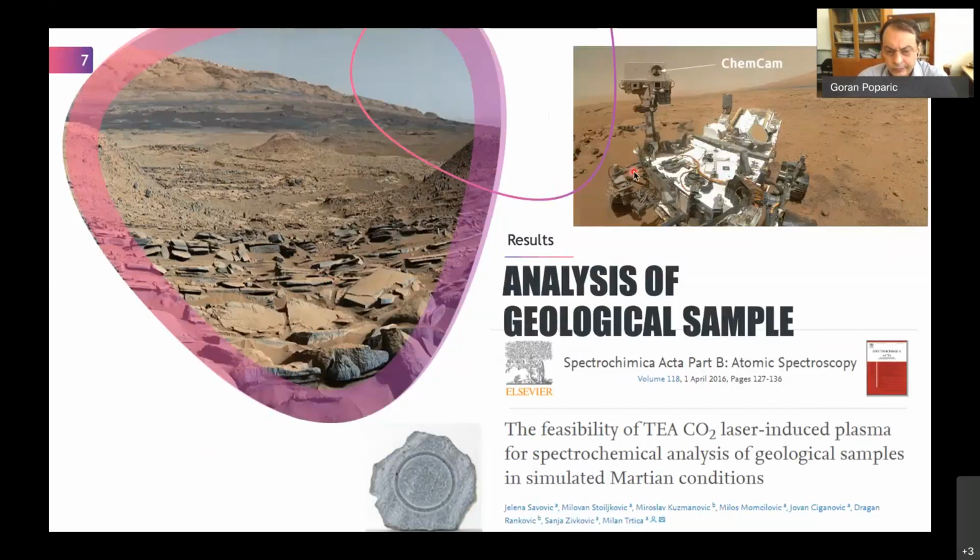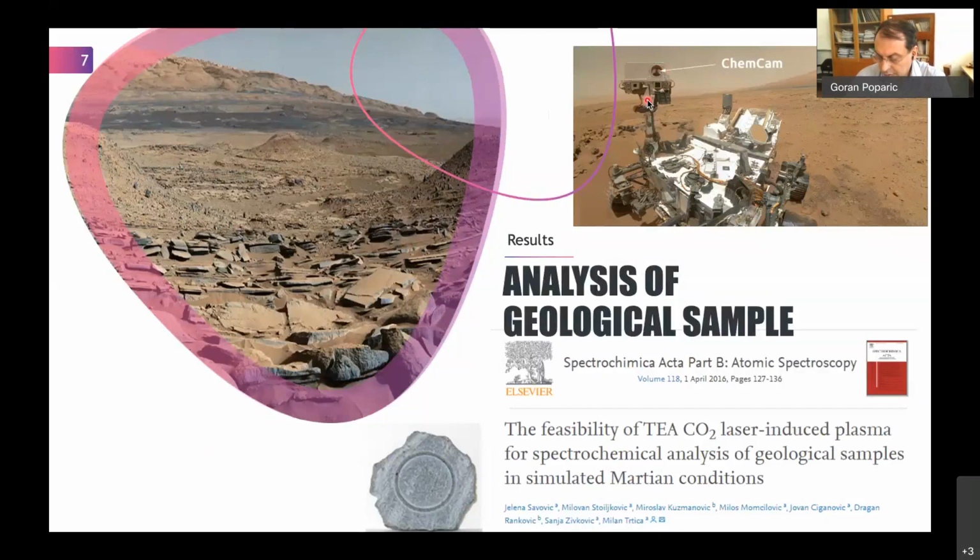What is interesting is that in this picture you can see the LIBS setup known as ChemCam, and it provides the first LIBS analysis beyond Earth. So what we wanted to show is that maybe our carbon dioxide laser can be a solution for this kind of experiments, since the atmosphere on Mars consists of about 95% carbon dioxide.